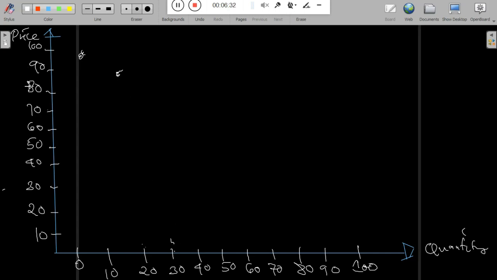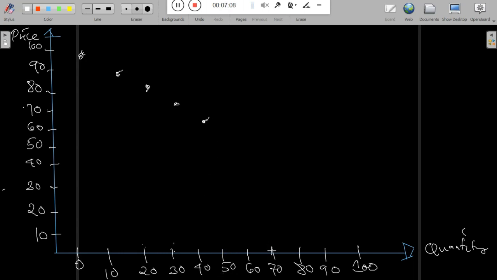When you sketch this graph, you link the points from the x-axis to the y-axis. We have 10 linked with the price of 100, 20 linked with 90, and 30 connected to 80.